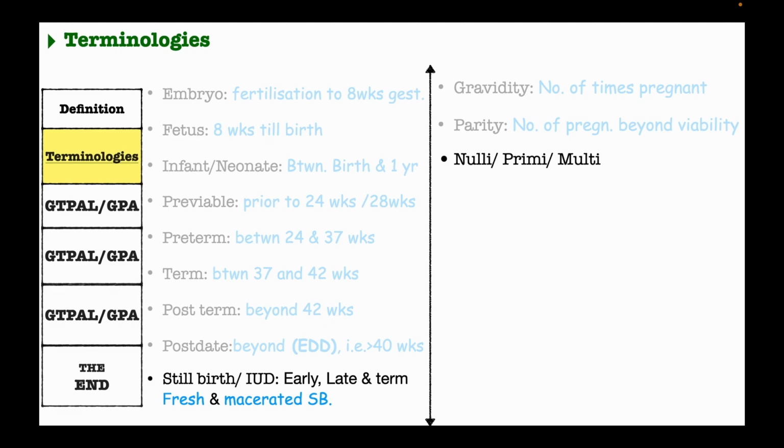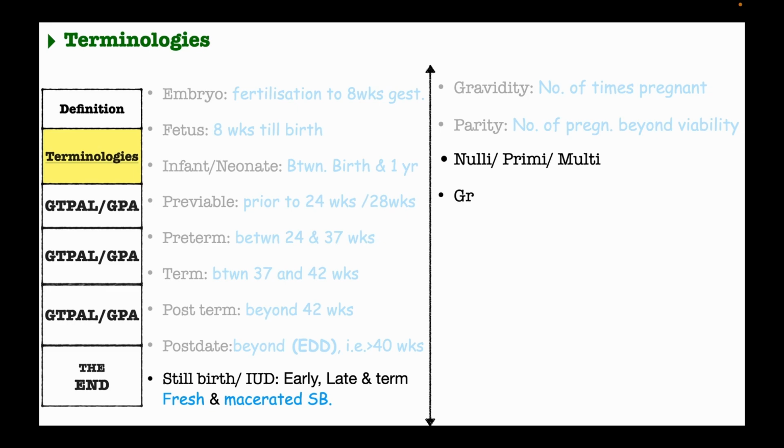Then when we say multiparity, we mean the woman has a history of more than one pregnancy that went beyond the period of viability and also ended with a birth weight of more than 500 grams.